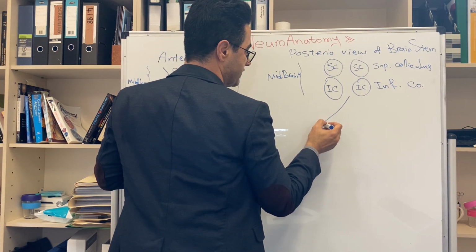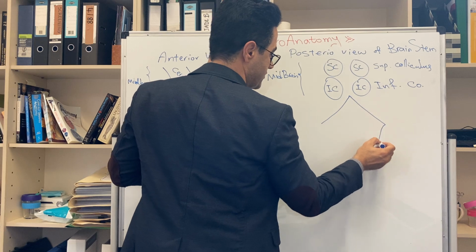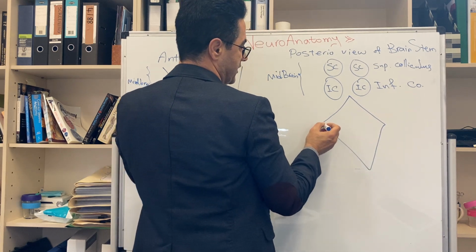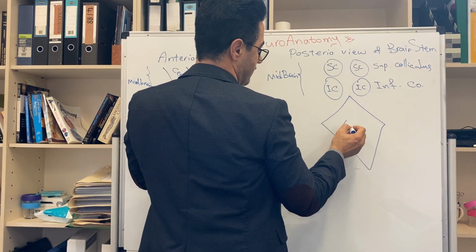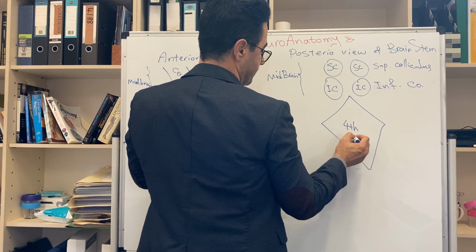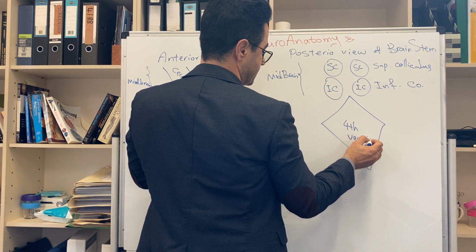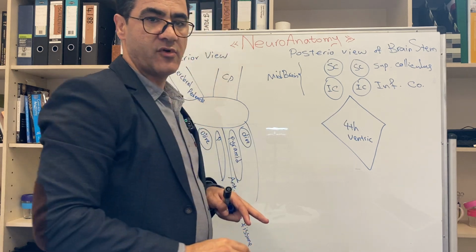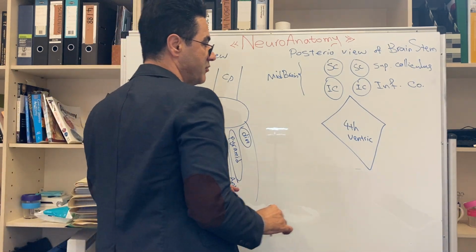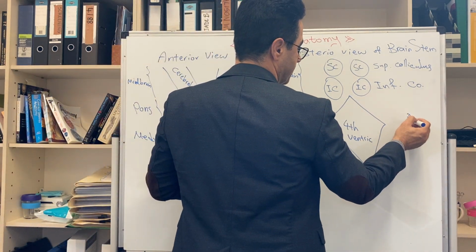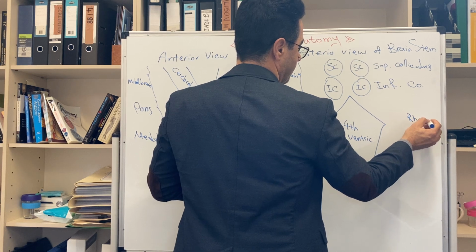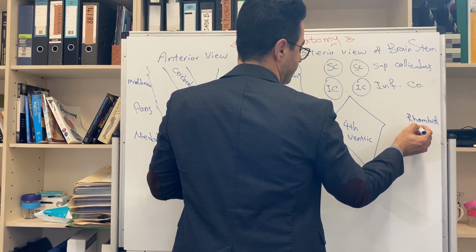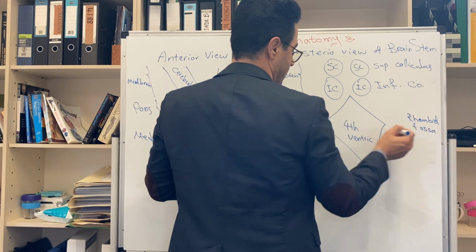Below the midbrain, you can find a diamond-shaped structure. It makes the fourth ventricle. Actually, the floor of the fourth ventricle is known as the rhomboid fossa. Rhomboid fossa is the floor of the fourth ventricle.